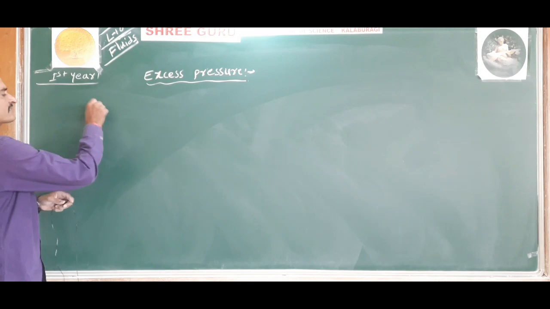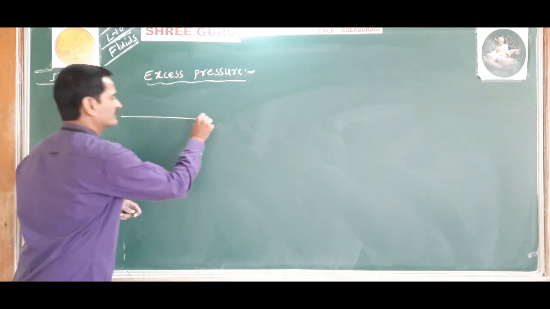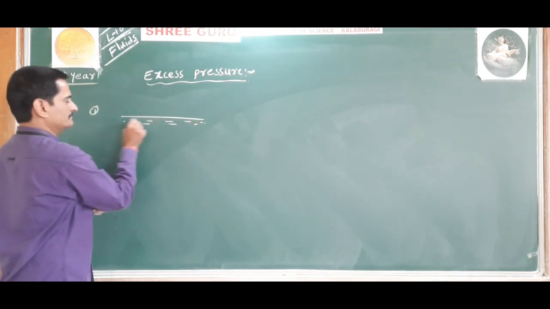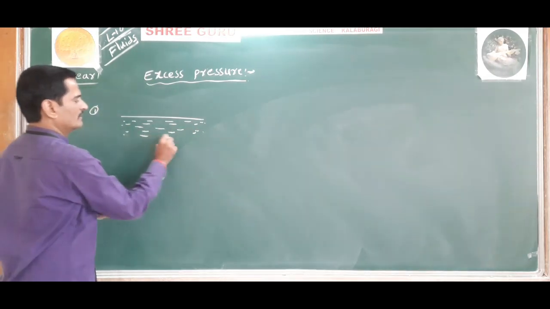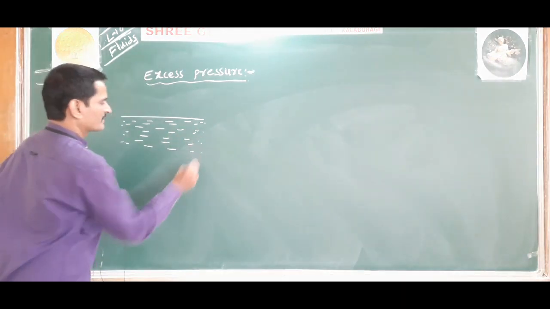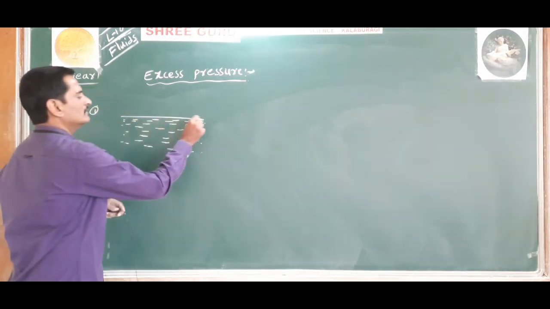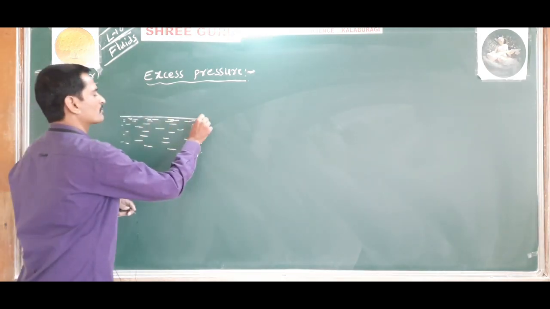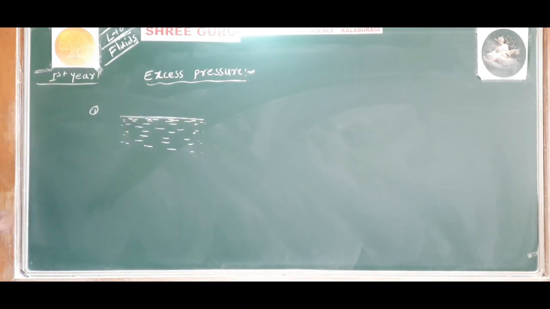So now, excess of pressure for a plane surface. If the liquid surface is plane, consider a liquid whose uppermost layer, that is the topmost layer, is a plane surface.